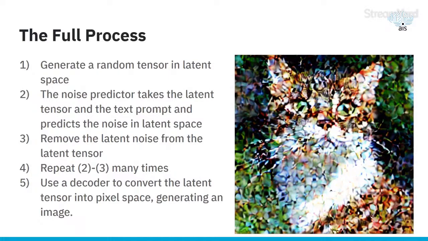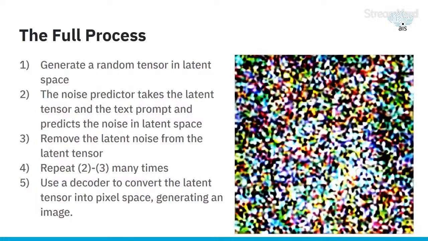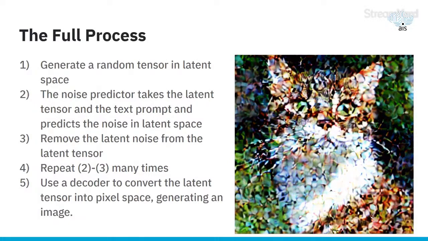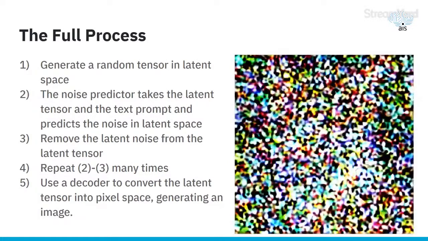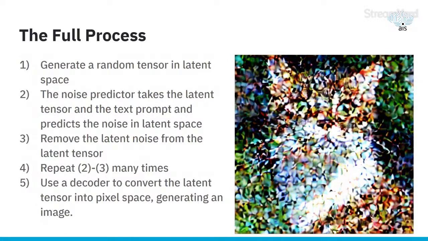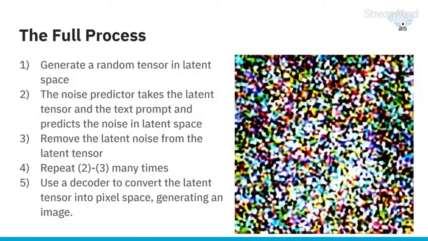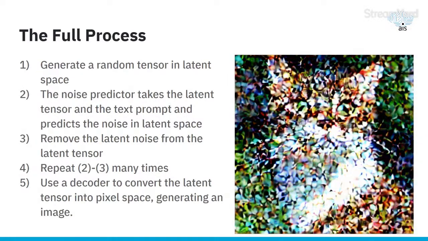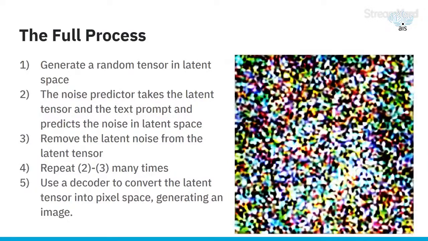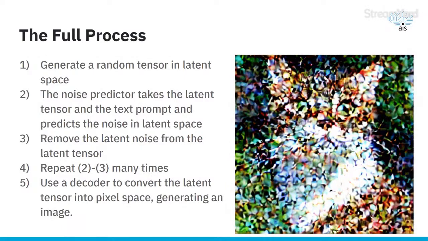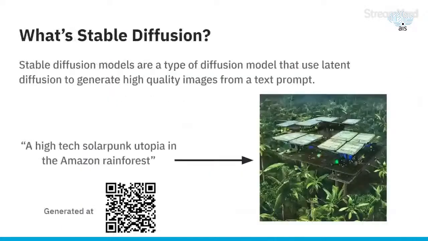Using both its training in terms of general diffusion as well as the text prompt, it can predict noise in such a way that it biases toward the image indicated by the text. So you remove the latent noise and repeat it many times, more than a few times. And then once you do that, you use the variational autoencoder I mentioned before.